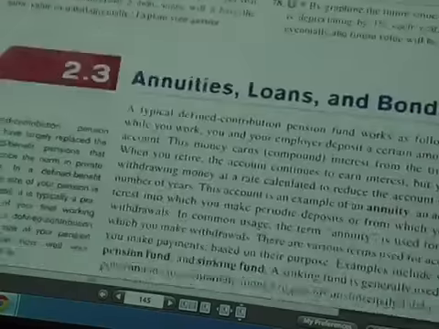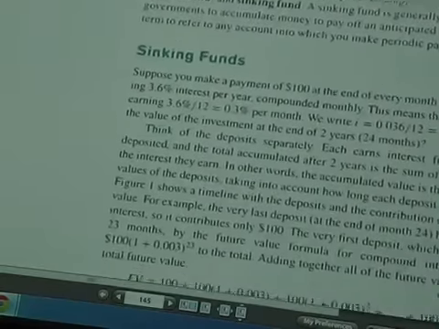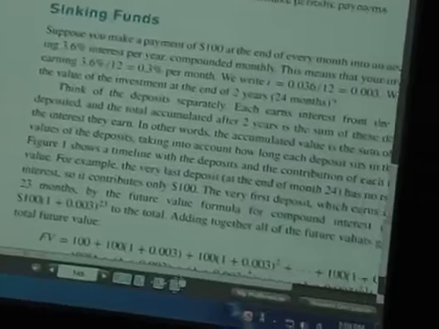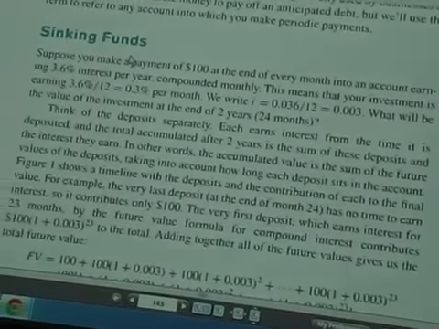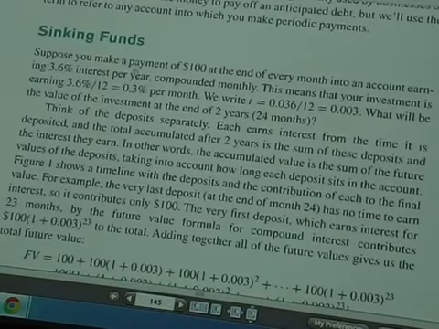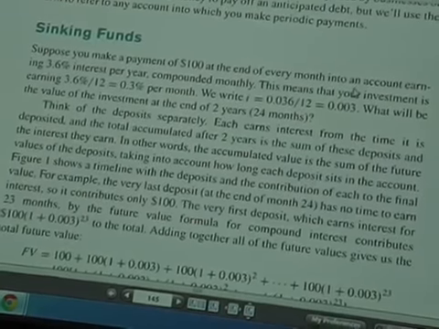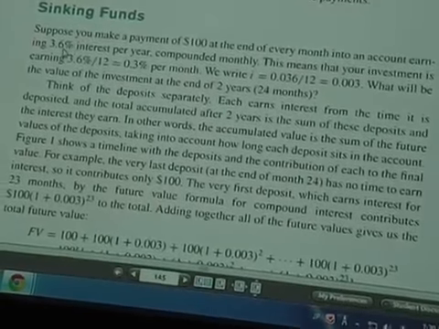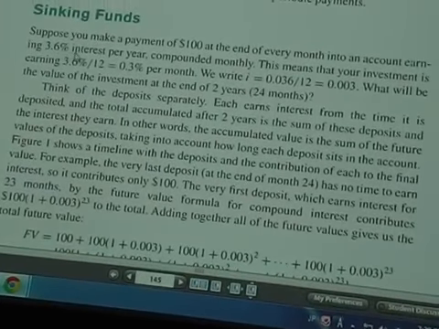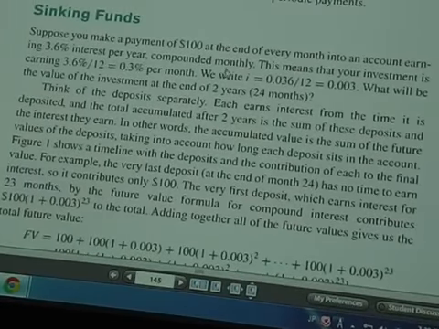Everybody ready? A sinking fund. What is a sinking fund? Okay, let's read it. Suppose you make a payment of $100 at the end of every month into an account earning 3.6% interest per year, compounded monthly.